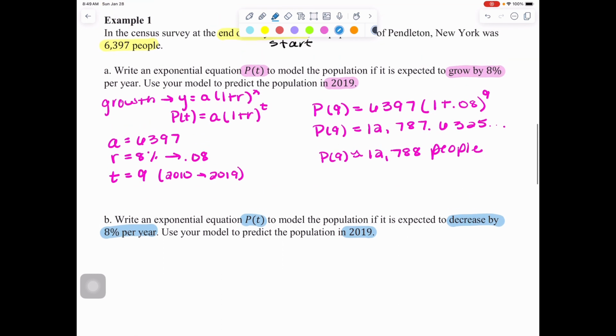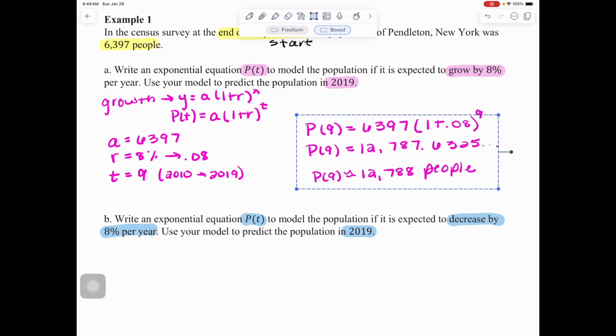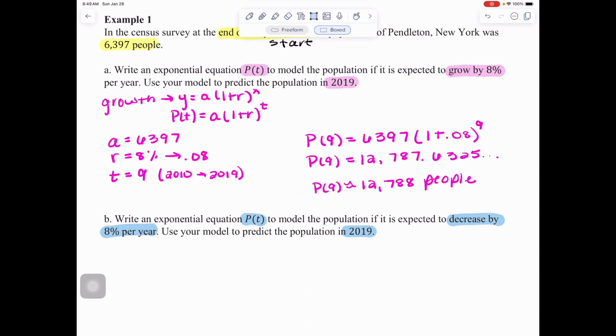So one thing I will do up here, though, is it did say to write the equation and then find P of 9. So I'm going to slide this down and make sure that we officially wrote the equation here. Our equation should have been P of t equals our initial amount, 6397, times 1 plus r to the t.